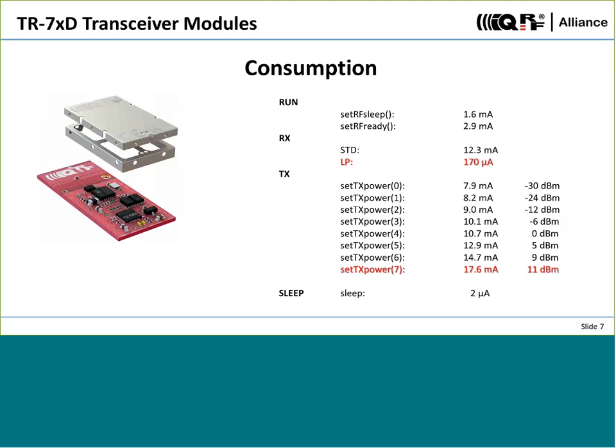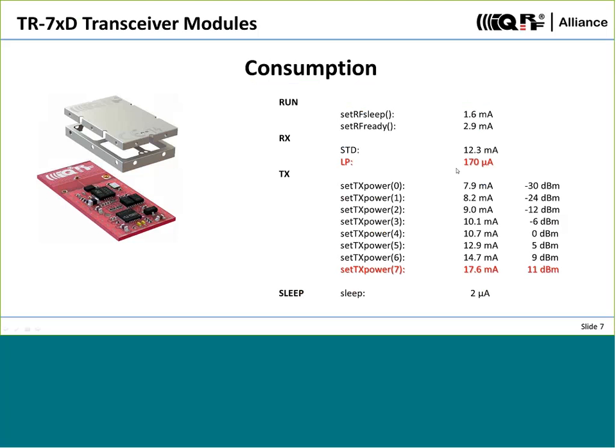Here are some key points from the consumption perspective. What I would highlight here is the low power mode. For those who remember, the low power mode on the blue modules was somewhere around 330 microamps. So here with the red modules, we are on pretty much half of it.